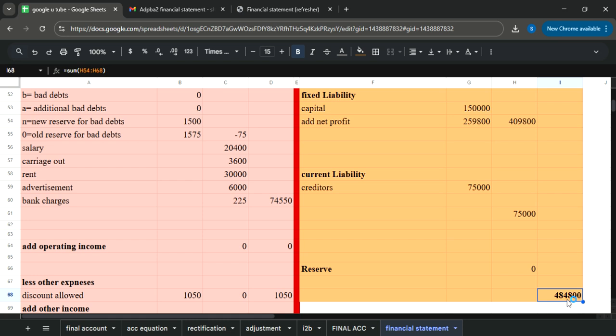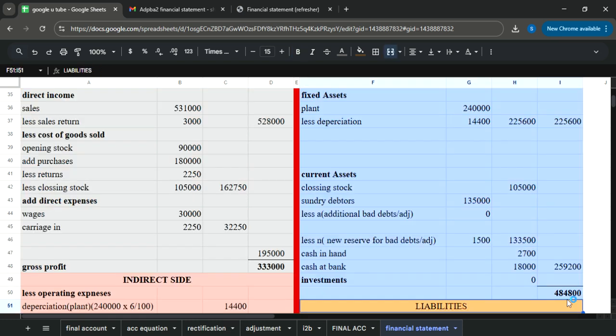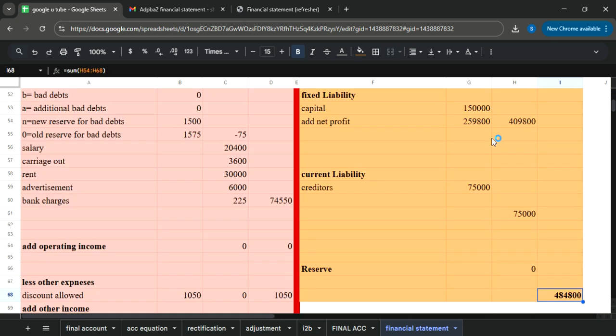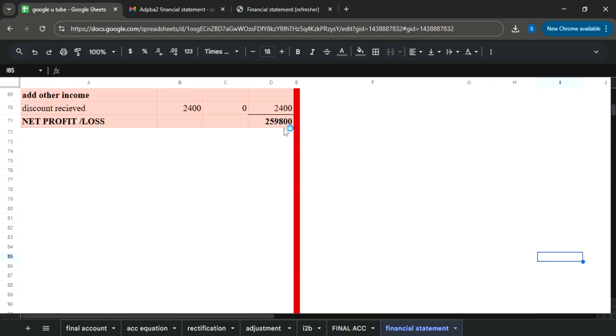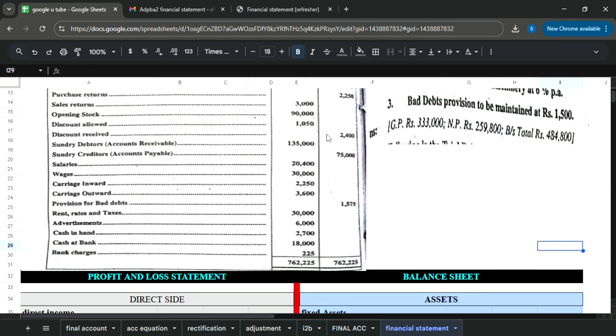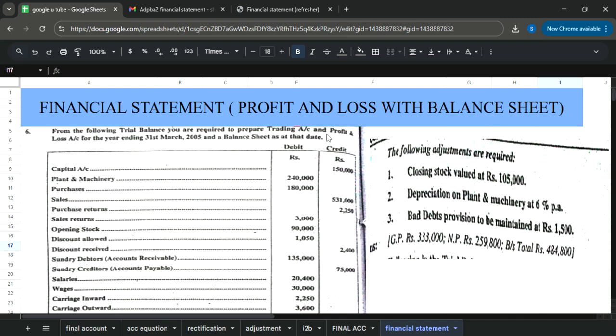So guys, in this way all answers are matched. This was your gross profit 33300, and here you can see 33300. Net profit was 259800, 259800 net profit. Balance sheet is matched. All four answers are now here, and it means our question has been completed.